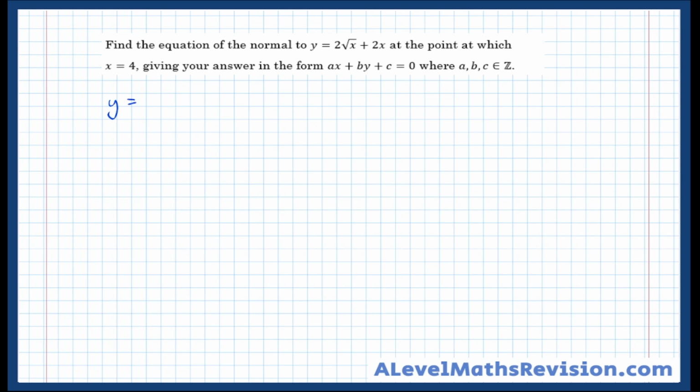So first of all, it's not in a differentiation friendly format, because it says 2 root x, but we need to say 2x to the power of something. That's 2x to the power of a half plus 2x.